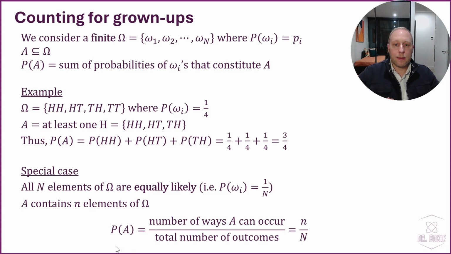Well, it is the sum of all the elements in A, but there are little n of them, and so out of the total possible outcomes, which are capital N, there are little n of them that actually obey A. In other words, the probability of A is little n divided by capital N, and this corresponds to a fraction in which the numerator is the number of ways in which A can occur, and the denominator is the total number of possible outcomes.